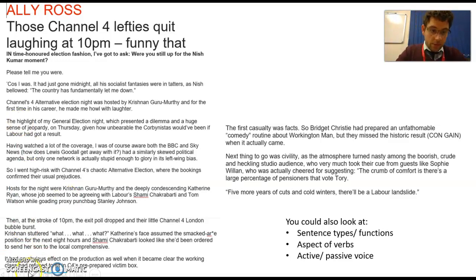Okay, the things I have chosen to look at are adverbial clauses. So the clauses that work like adverbs to describe where, when, or how something happened. They describe a verb, and some that I found here were "'cause I was." It's used on its own in a sentence, but that's an adverbial clause. It goes with "please tell me you were." "While goading proxy punchbag Stanley Johnson" works like an adverb of time.